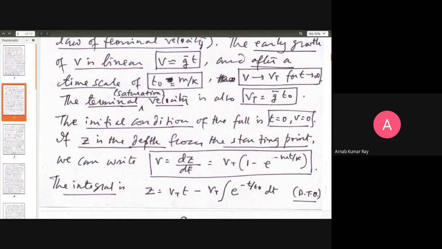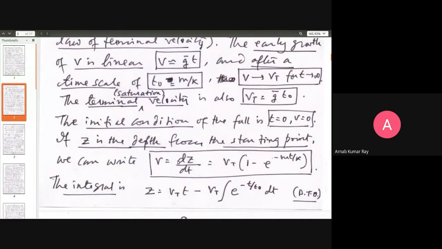Instead of calling z height, we are calling z depth. So greater depth means greater positive values as we go downwards. It's just a matter of giving it a different name. If I had called it height, then I would have had to put a negative sign, because anything below the water surface is negative height. But anything below the water surface is positive depth. So that's how it is.